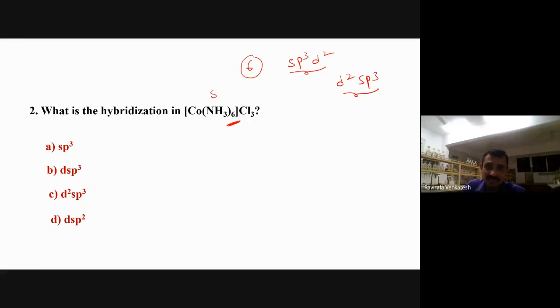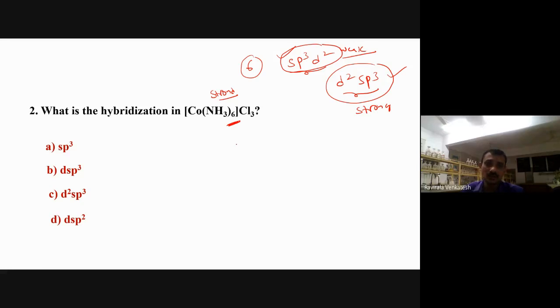If it is a strong ligand, the hybridization must be d2sp3. If it is a weak ligand with coordination number 6, the hybridization must be sp3d2. If it is a strong ligand with coordination number 6, the hybridization must be d2sp3.